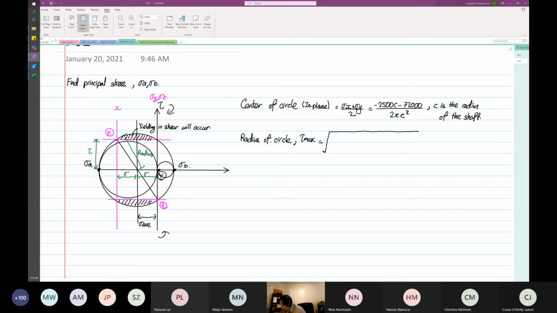The normal stress is this one, squared, and then the shear is 5 pi 200 over pi c cube, and the whole thing squared.